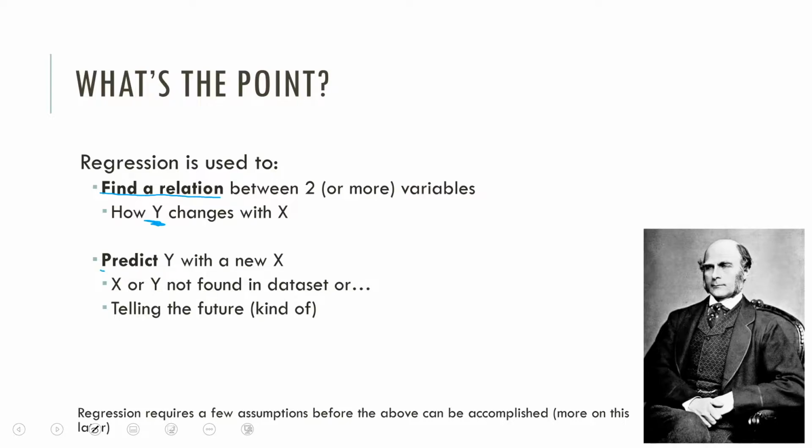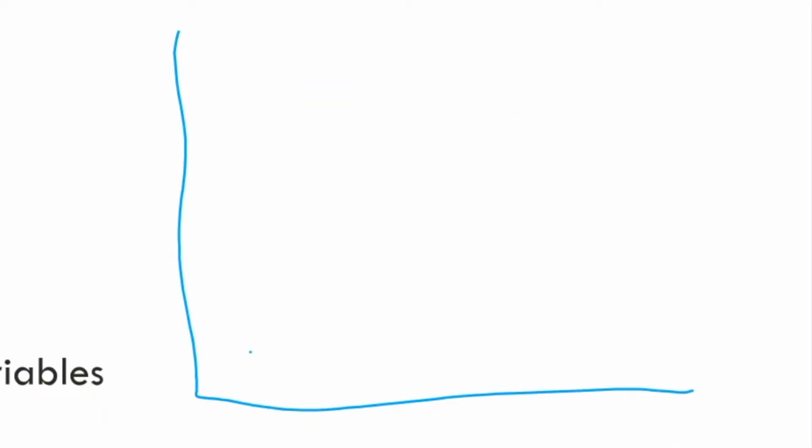Also, we use regression to predict y with a new x. So drawing this again, I'm going to be drawing this a lot. When we have data that looks like this, we're able to say, okay, what if I had some new value x right about here?